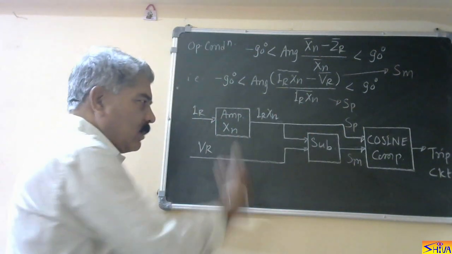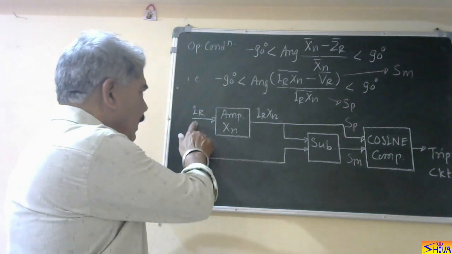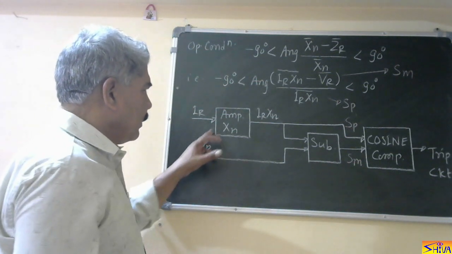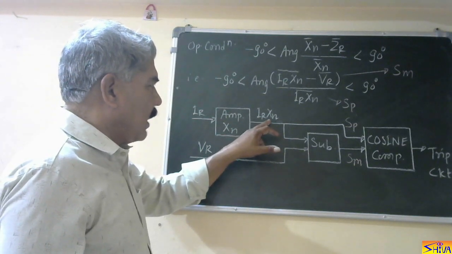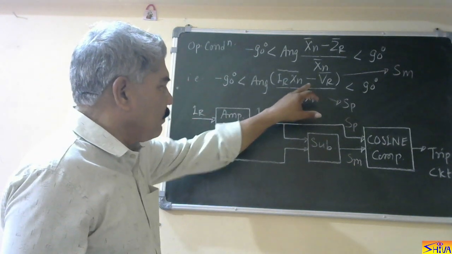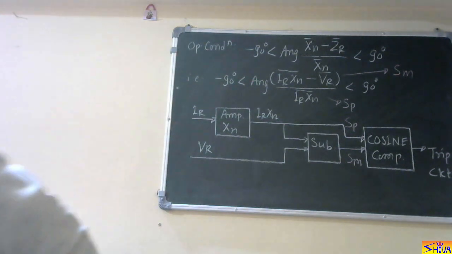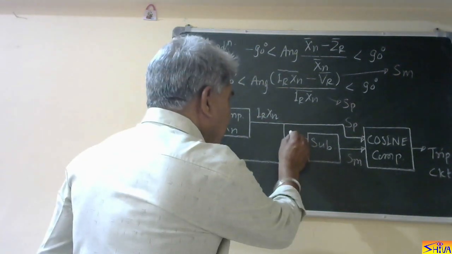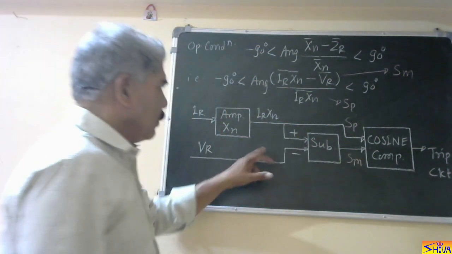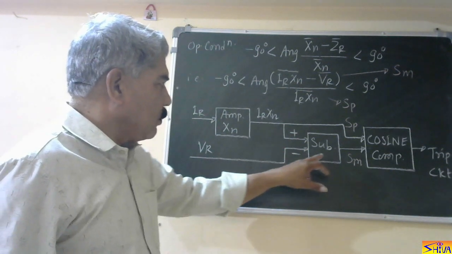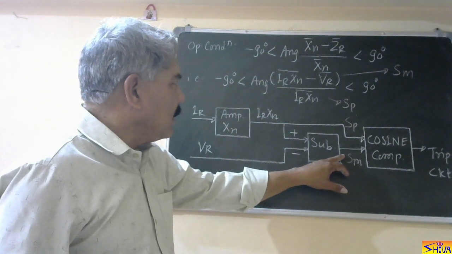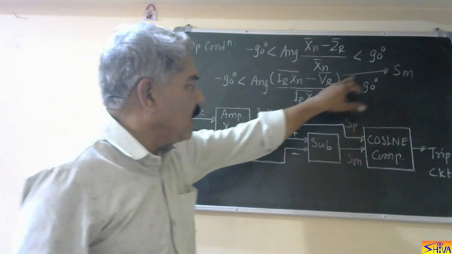So let us see how these signals are taken. IR from the CT is given to an amplifier which has a gain of Xn. So here we get IR Xn. Now we have to subtract VR. So this is plus, this is minus. The subtractor is fed the signals IR Xn and VR. So here we get IR Xn minus VR, which is nothing but the SM signal.